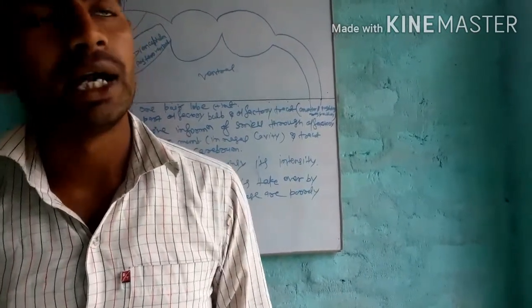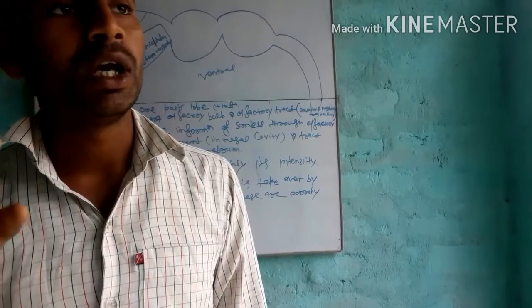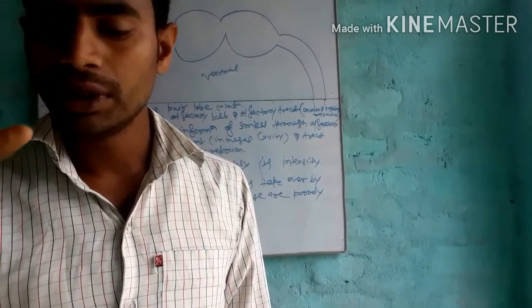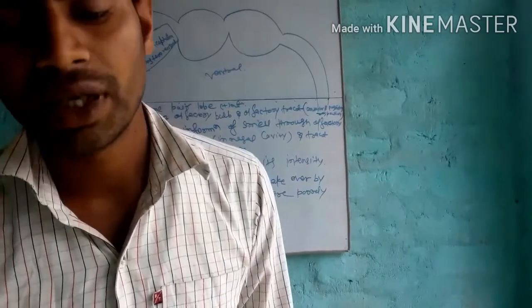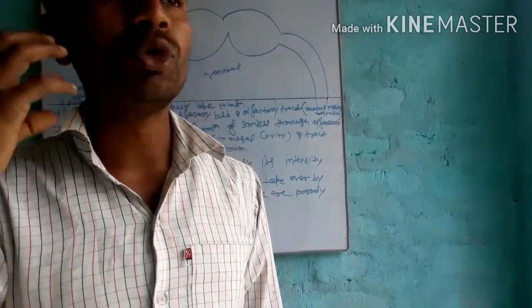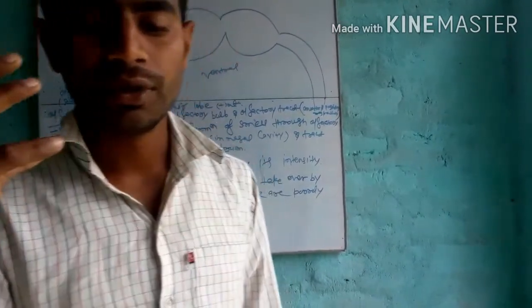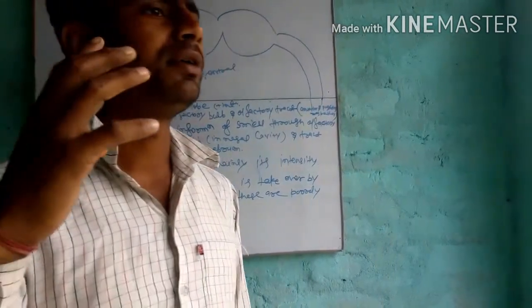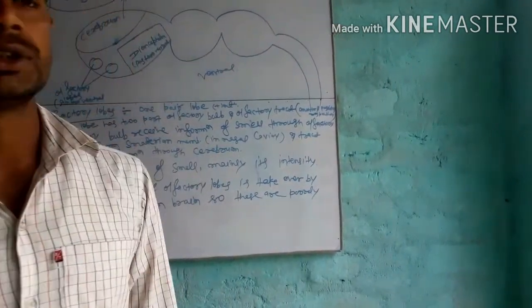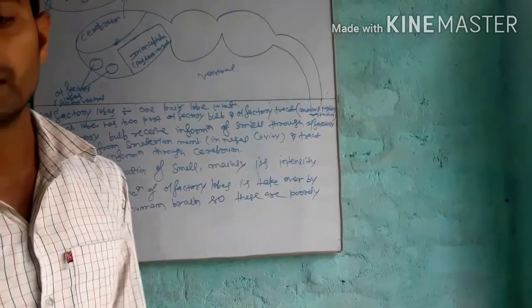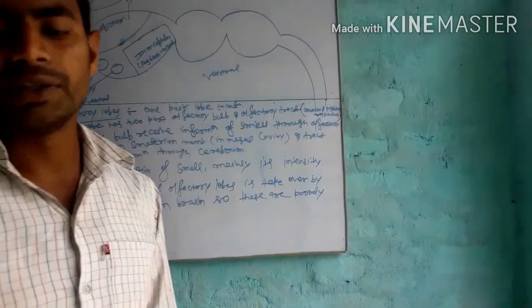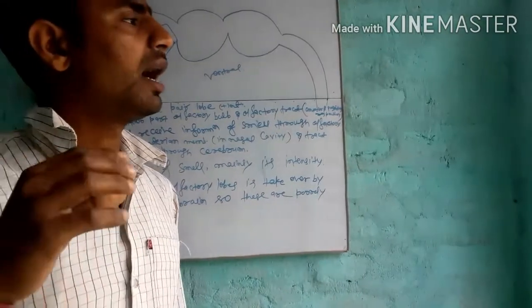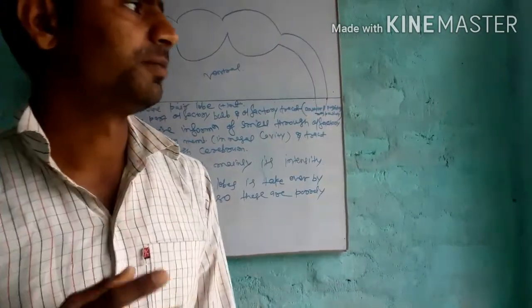Along with the hypothalamus, it is involved in the regulation of sexual behavior, expression of emotional reactions, for example excitement, pleasure, rage, and fear, and motivation.